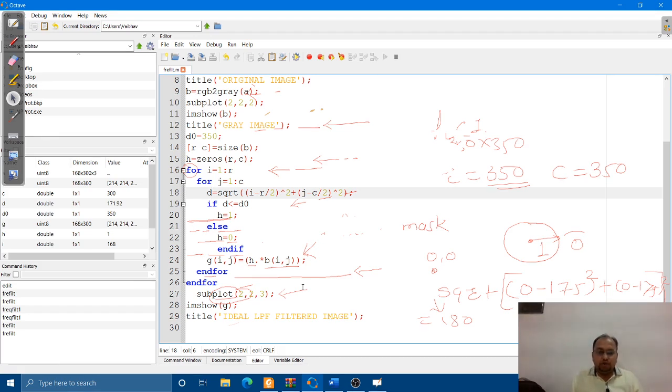Let us show this filter mask. Over here we will be showing the filter mask.